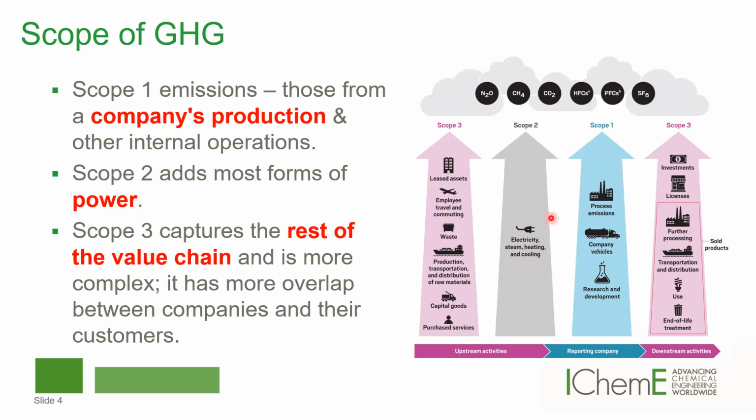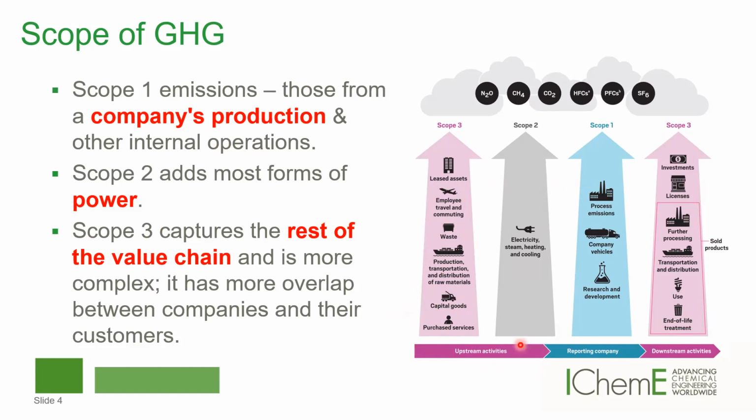And then the rest of the value chain, so these are the external contribution. Examples are traveling, transportation, wastes, and end of life treatment, etc. Okay. So those are scope 3.